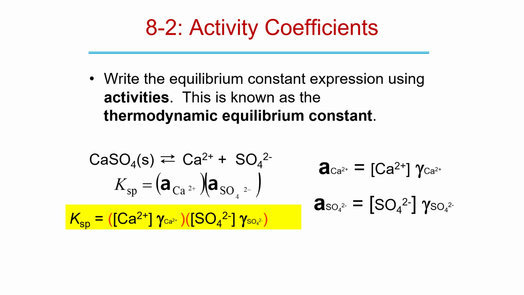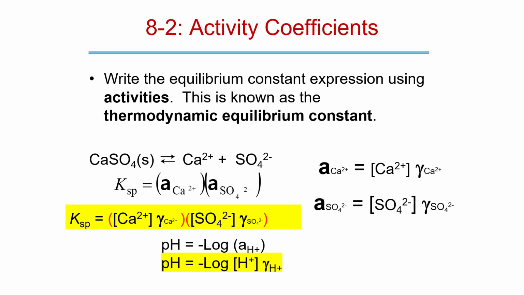And so instead of having concentration of calcium times concentration of sulfate, your new equilibrium expression is Ksp equals the concentration of calcium times activity coefficient of calcium, times concentration of sulfate times activity coefficient of sulfate. So basically, anytime you saw a concentration in a prior equilibrium expression, you just add in this activity coefficient.